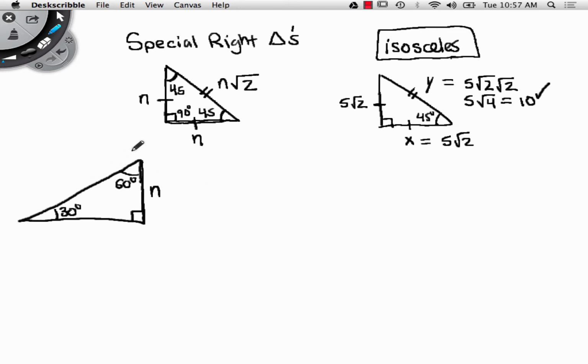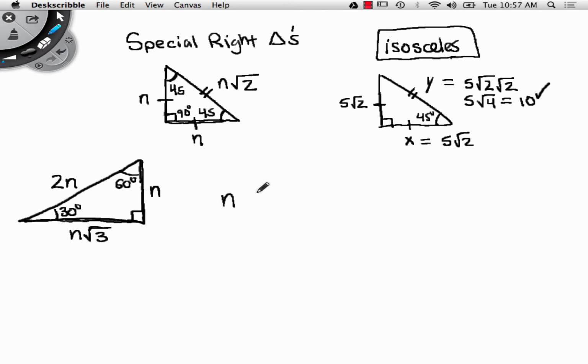What is the hypotenuse going to be? The longest. 2n. The hypotenuse is always twice as much as the short leg. What is the middle leg, the guy that's in between? N square root of 3. Okay? Let's go ahead and list these in order. Out of the 3, which one's the shortest side?